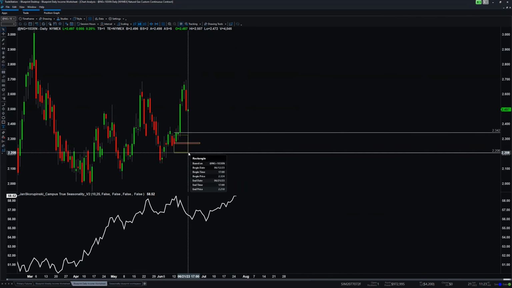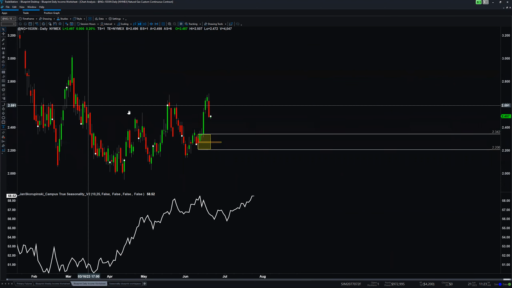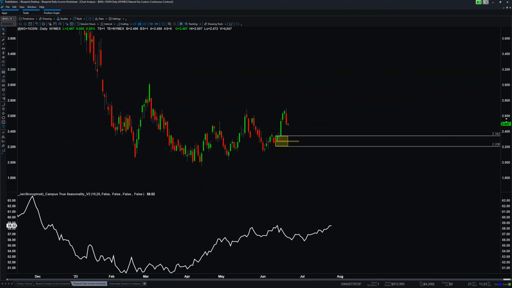I would see this demand as a rally-based rally, right? Kind of a rally-based rally, even though the leg in is not as nice, but the leg out is really beautiful. And now in terms of supply, well, there's a huge gap right there, huge.